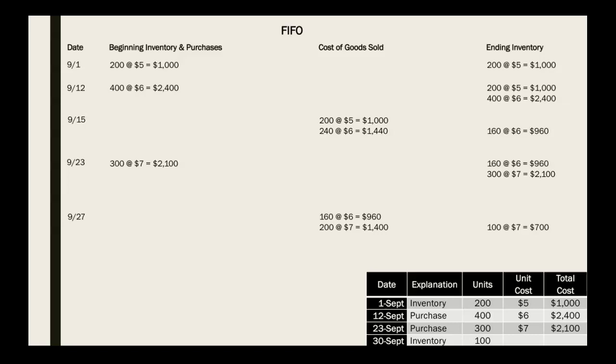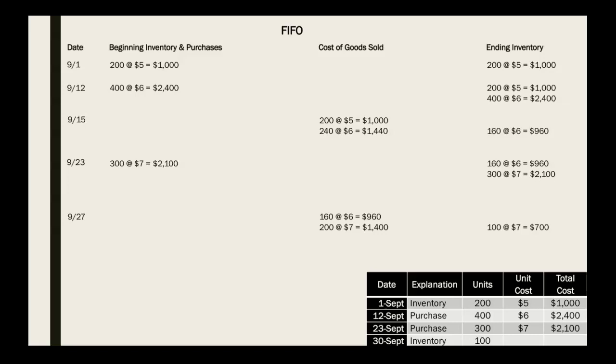We had 160 at 6 and 300 at 7. So first in, first out. So we are first going to sell those 160 units at $6 a piece. But since this order was for 360 units, we then need to sell an additional 200 units at $7 a piece. So we sell 160 at 6 and 200 at 7.